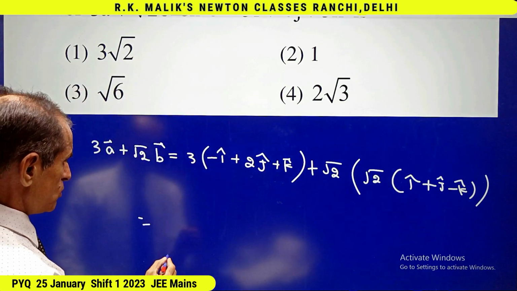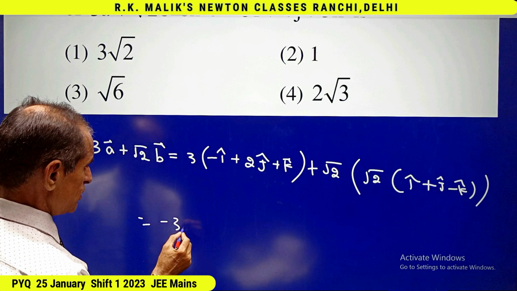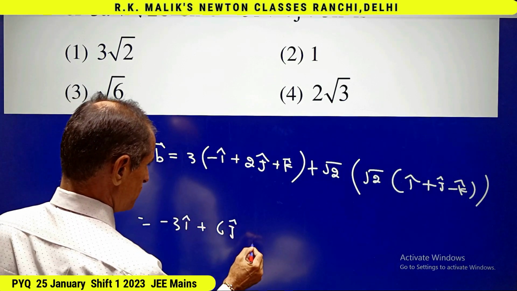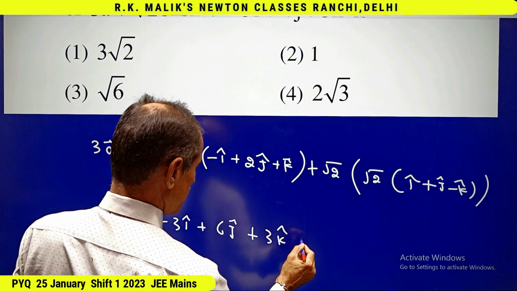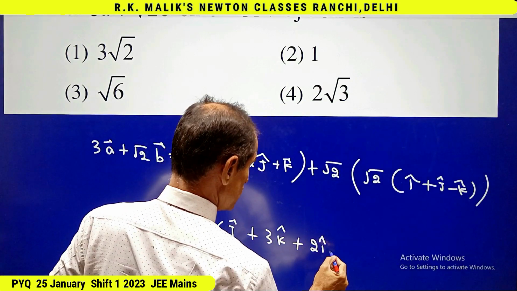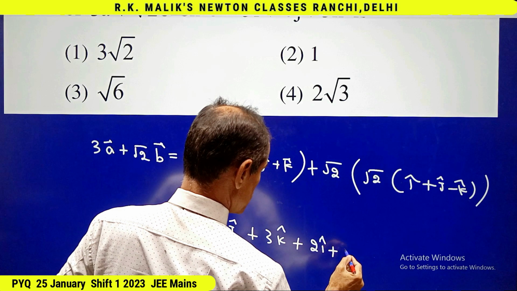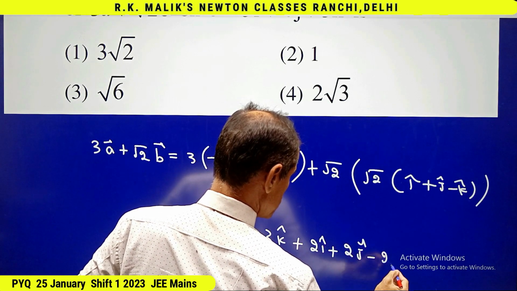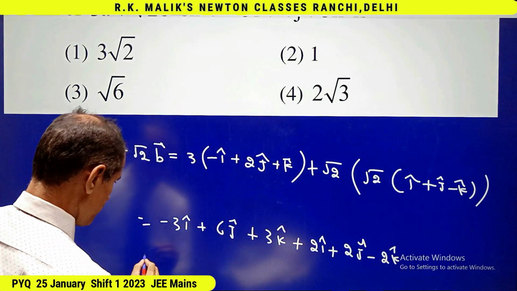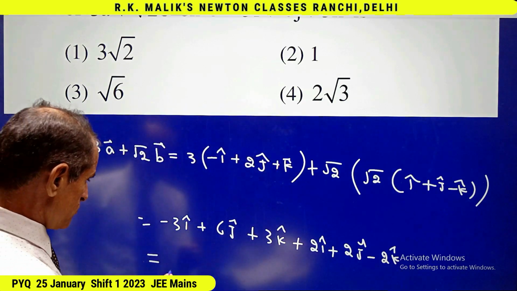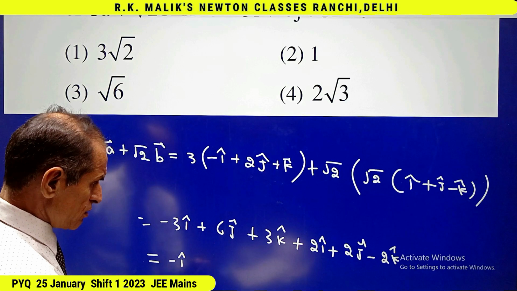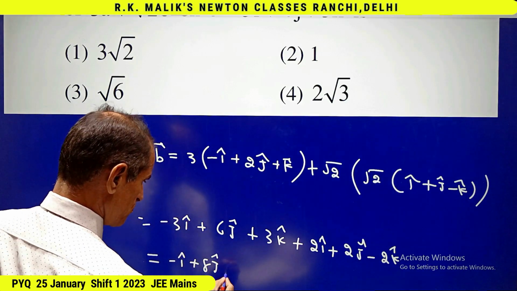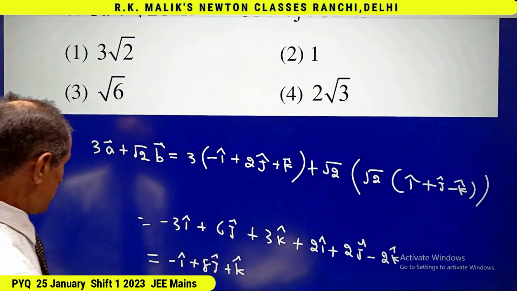That is equal to minus 3i plus 6j plus 3k plus i plus 2j minus 2k. That is, I get minus i plus 8j plus k.